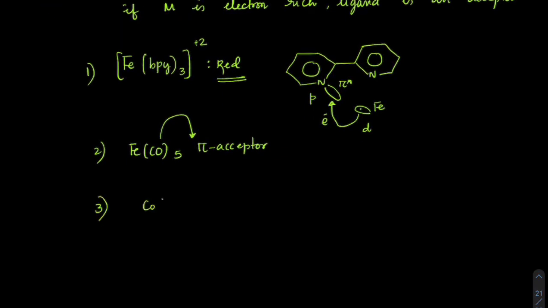Similarly, cobalt bipyridyl thrice, okay, with +2 oxidation state, that is also colored. So these are few cases जहाँ पे भी आपको ऐसे दिखता है where there is an electron accepting tendency, they will always show MLCT. Okay.